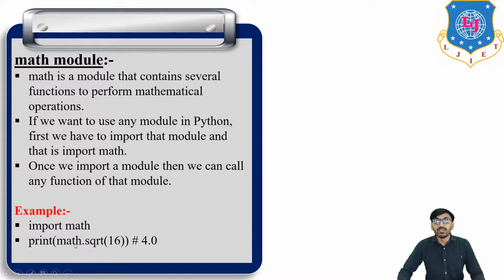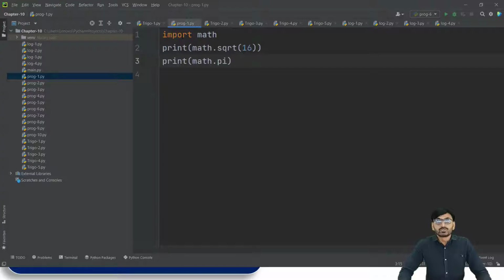So how do we use a function of that module? math dot square root and in the bracket 16. If we run this program, then the answer is 4.0. Now this same program we run in PyCharm. So import math, then print math dot square root of 16 and then print math dot pi.